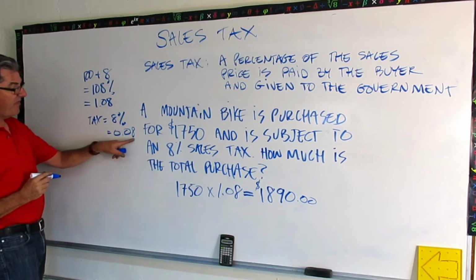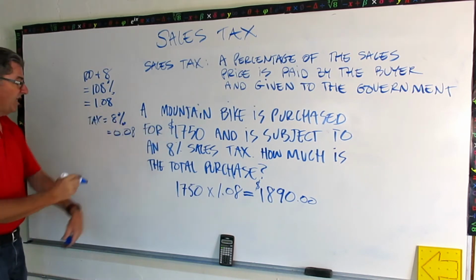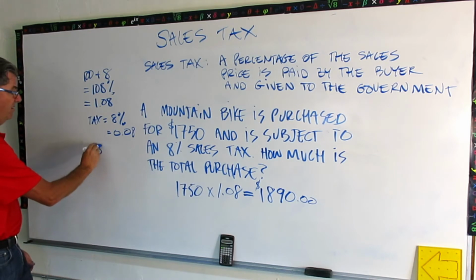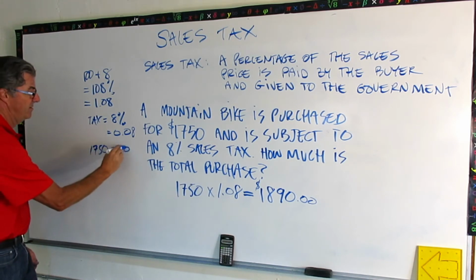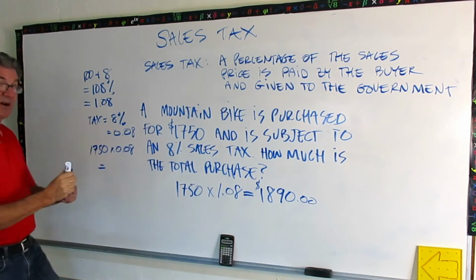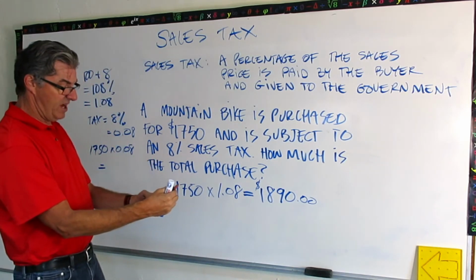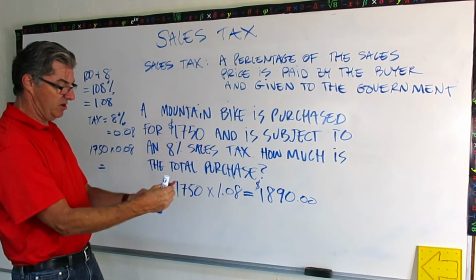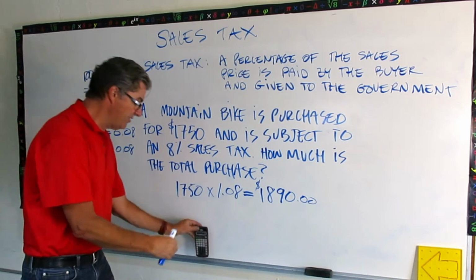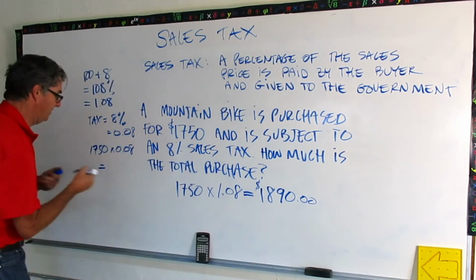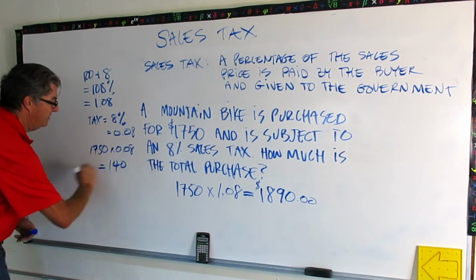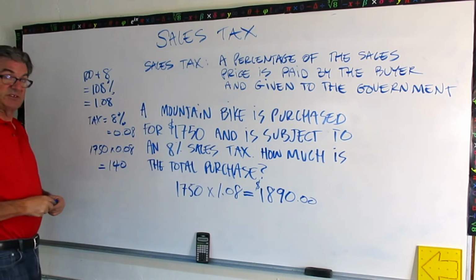We can multiply that by our purchase price, and that will give us the amount of the tax. 1750 times 0.08 gives me $140. So that's the tax that's paid on this purchase.